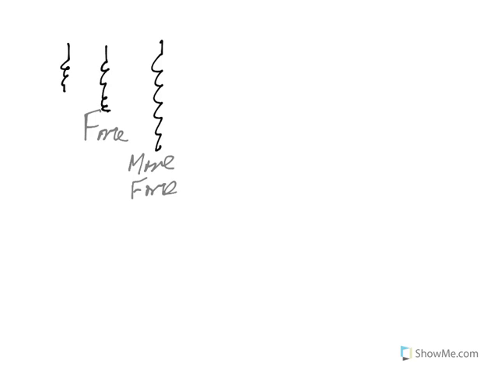And so what Hooke came up with was this: the force required to stretch a spring by some amount is related to some constant. The force on the spring is negative.